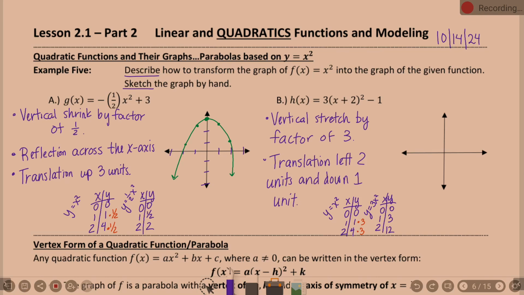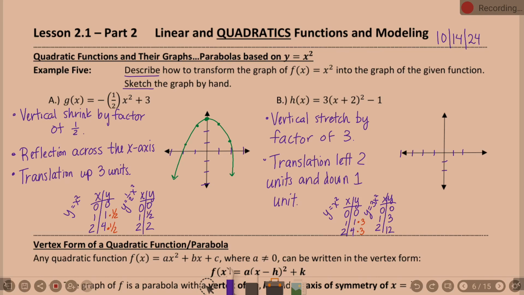So I technically do need 4 tick marks on the left, just because of where my vertex ends up. I need at least 1 tick mark down below. And I technically don't need 12 going up.